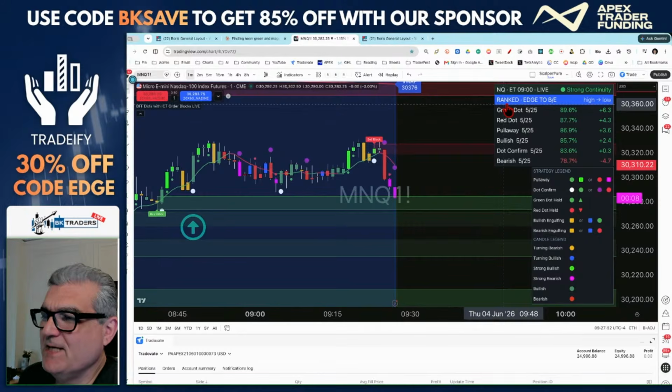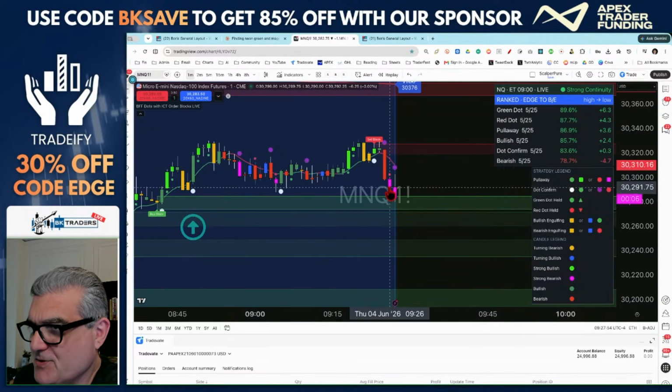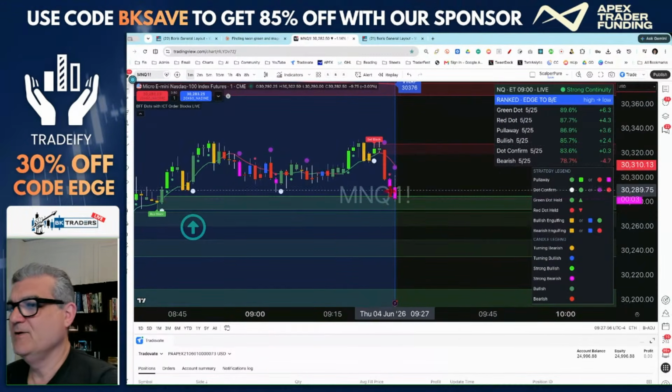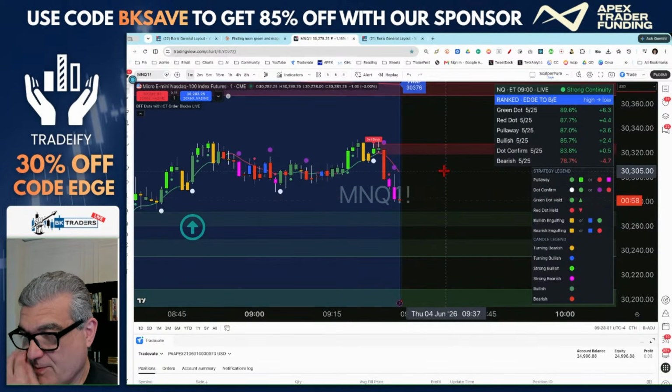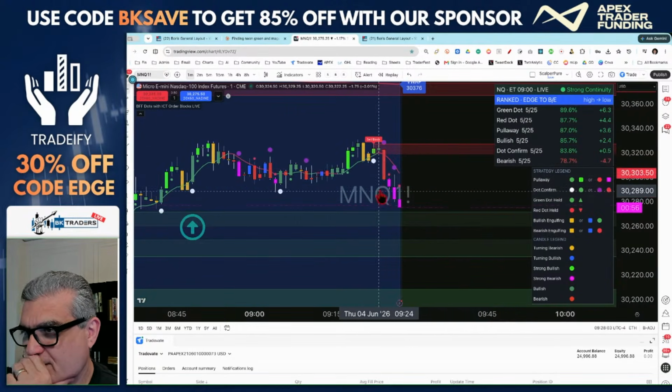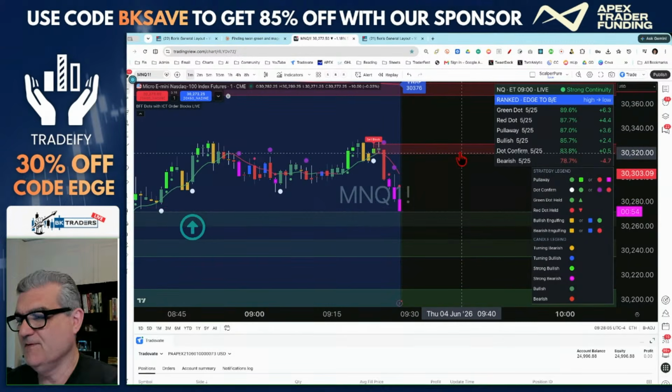If you traded the red dot over here, this trade would have been fine. You would have been totally in it. I just don't want to stand in front of the 2 minutes before the open for the rip and dip. But actually, all of these trades would have been fine. You could have totally done them.